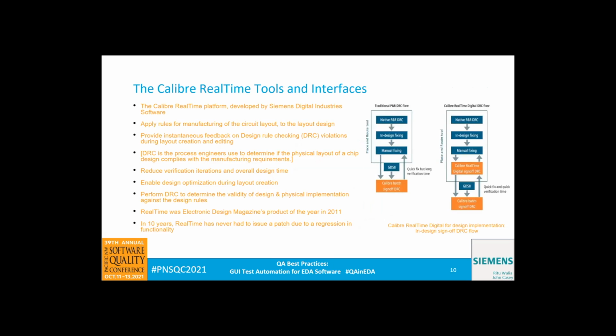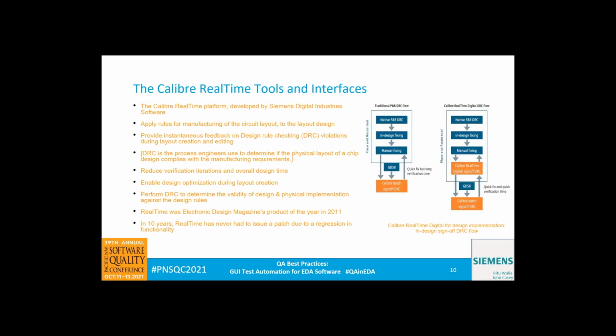Hence, now I talk about the product that John and I work on, and it's the Calibre RealTime interfaces that contribute towards implementing the previously mentioned processes and that helped us deduce the QA techniques discussed in our paper.